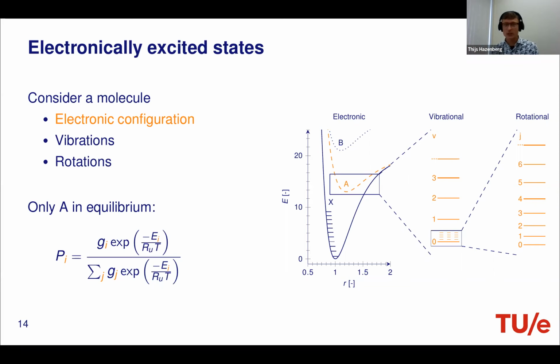And we should assume that all of this is in equilibrium. And then also redefine our original ground state species to exclude this electronically excited state. Right? So the probability of then finding a given internal state, a given energy, is given by the Boltzmann distribution divided by the partition sum.